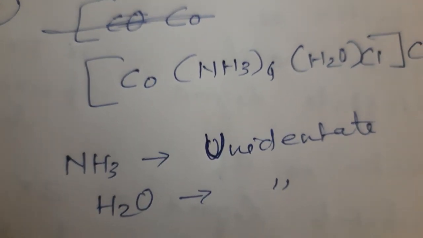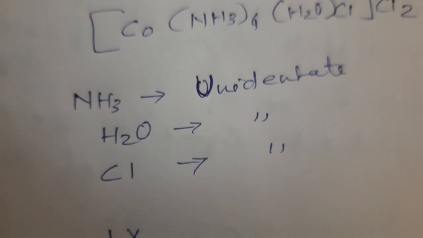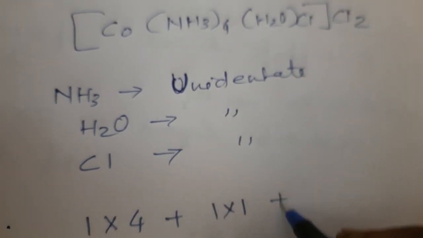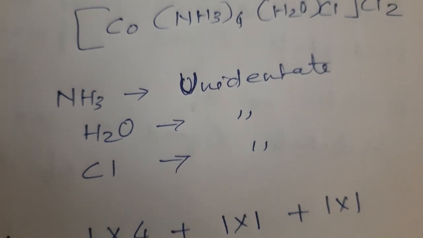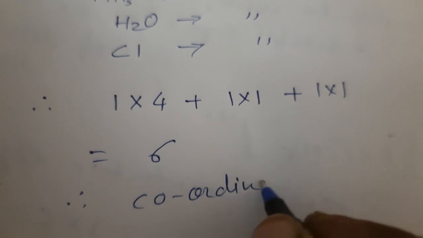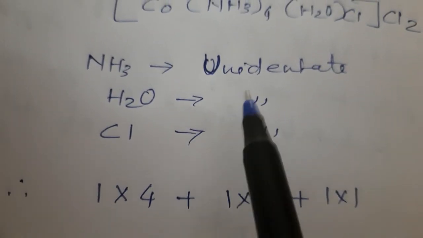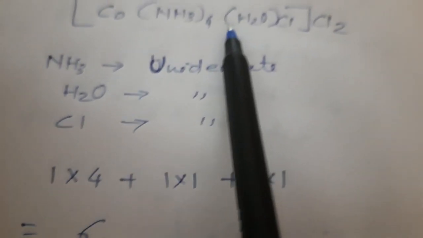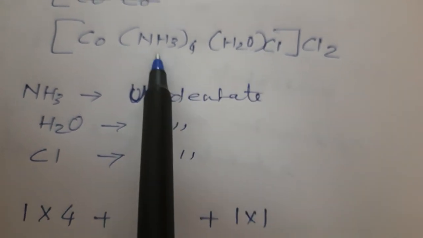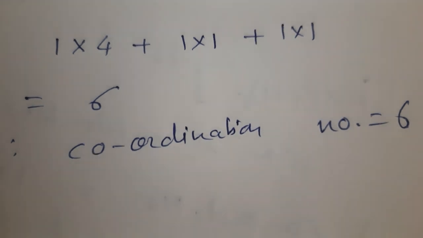Same with Cl, unidentate. Therefore 1 into 4 plus 1 into 1 plus 1 into 1 is equal to 6. Therefore coordination number is equal to 6. इतना ईजी है बेटा. So 1 plus 1 is 2, plus 4 is equal to 6. In this way we can find the coordination number.